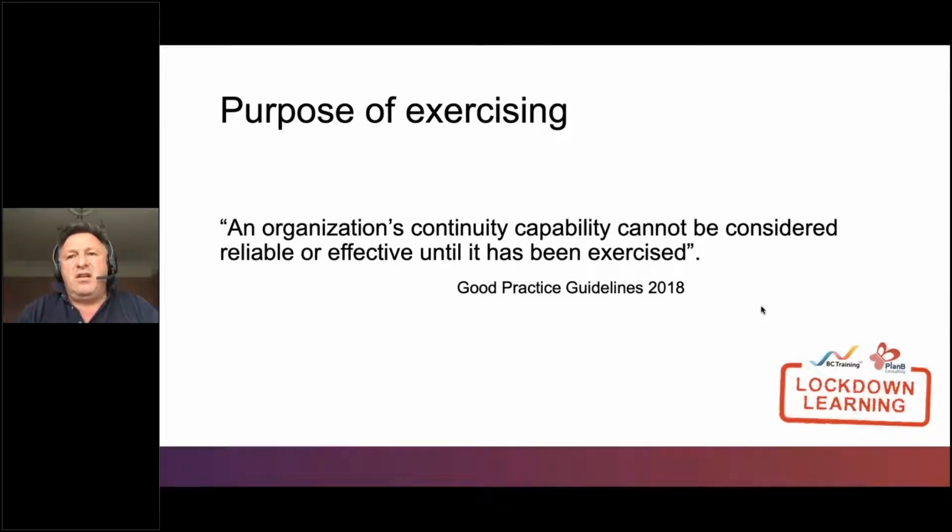But how do we know they're going to work? How do we know they're going to work from a technical point of view, as well as for the humans who have got to manage it? So part of exercises is all about trying to get this capability better.